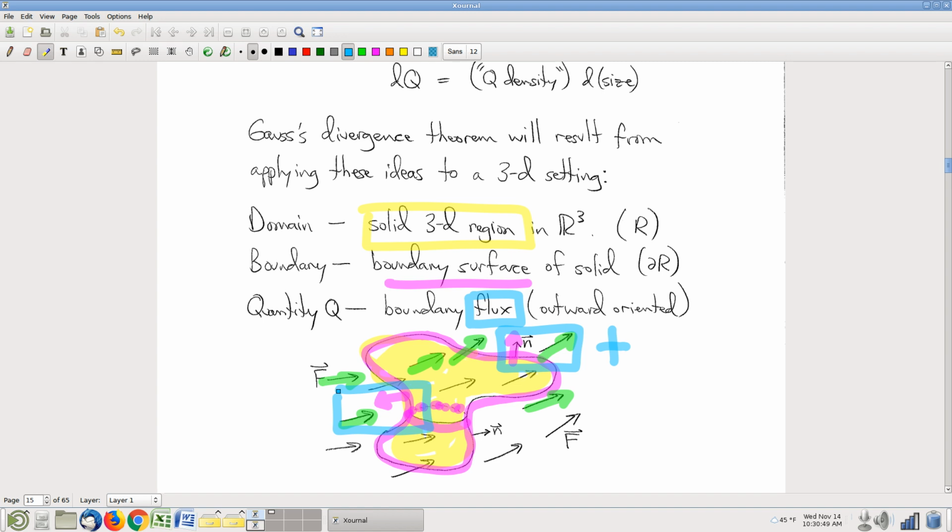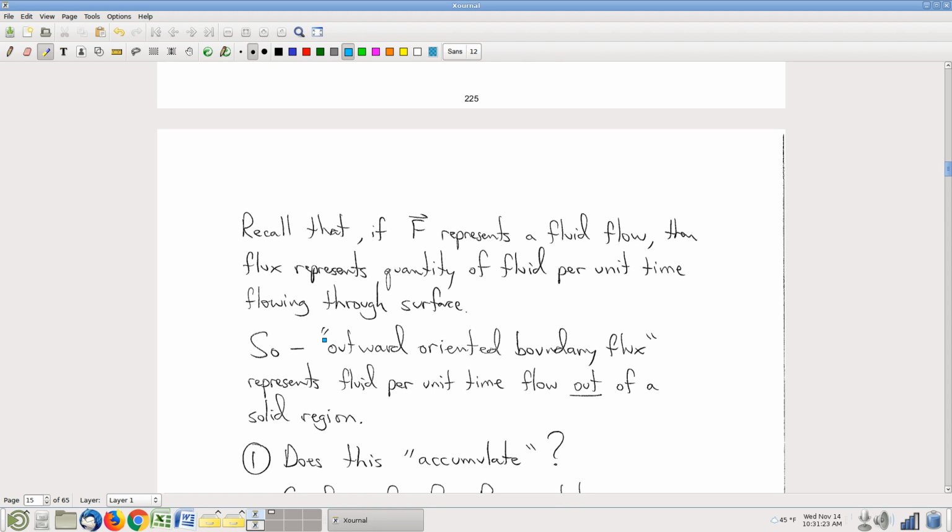Now the fluid flow vector, the green vector, is making an obtuse angle with the normal vector. Dot product's negative. So inward means we have a negative outward flow. Right? So the grand total flux is going to be, well, there's some positive flux over there, and some negative flux over here, but the grand total boundary flux is the sum, over the entire surface, of those fluxes.